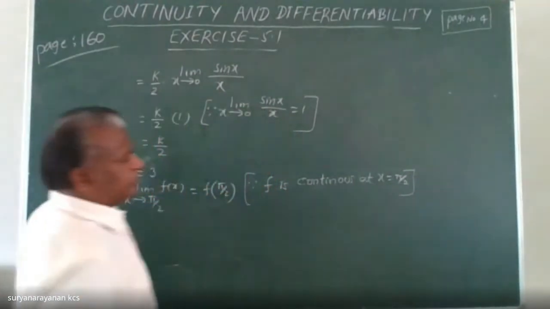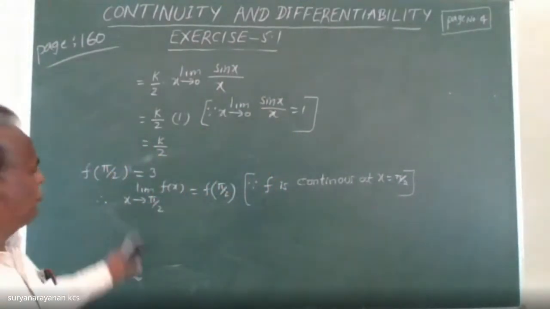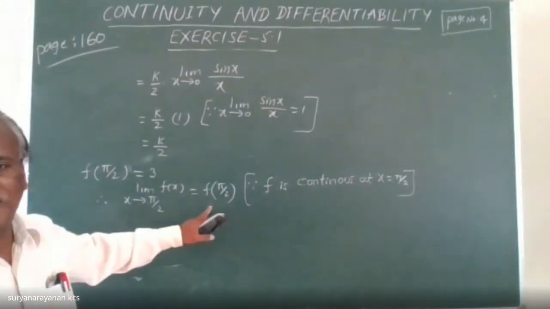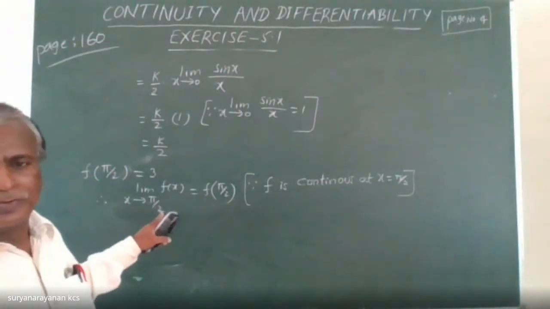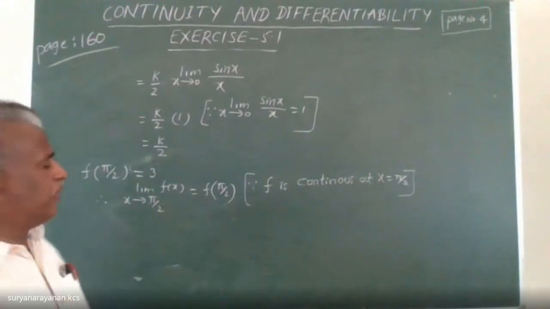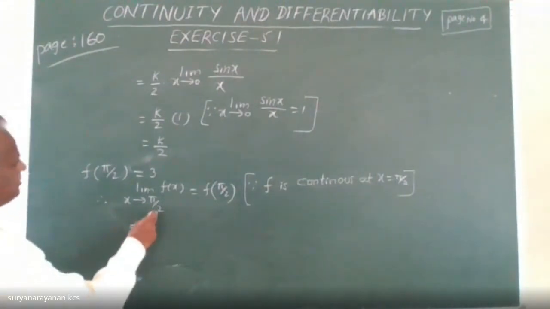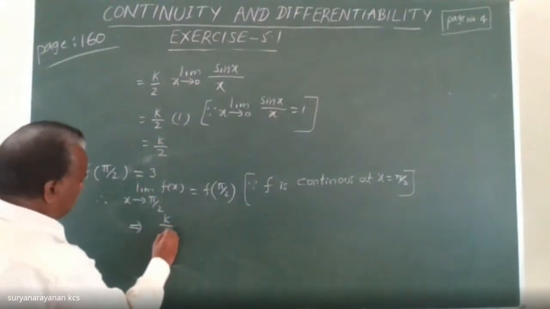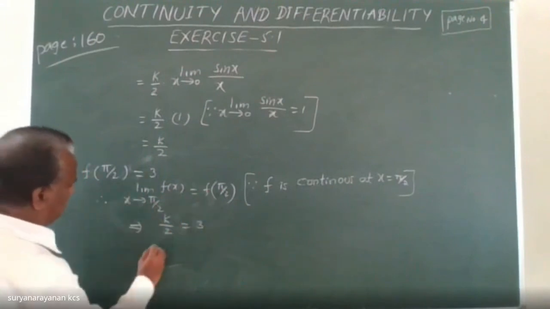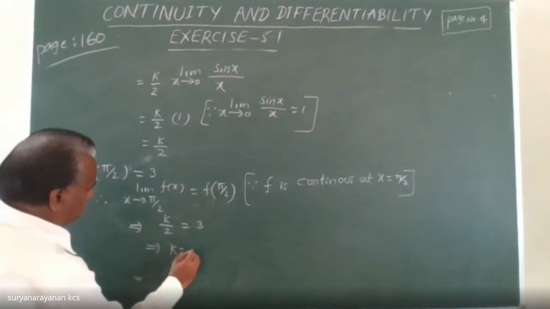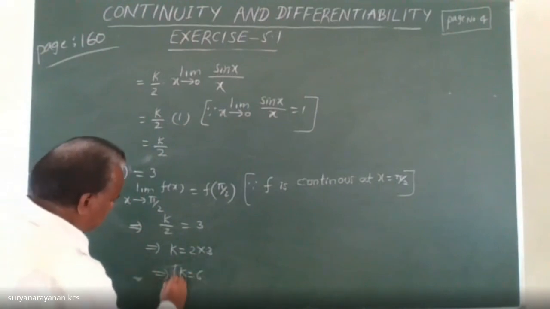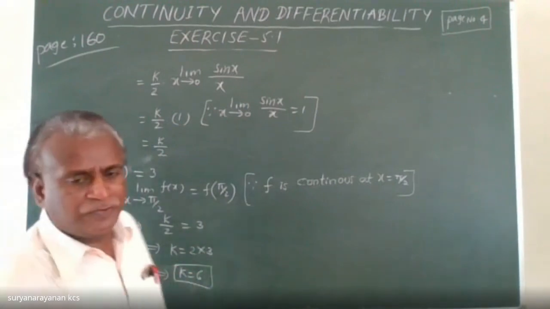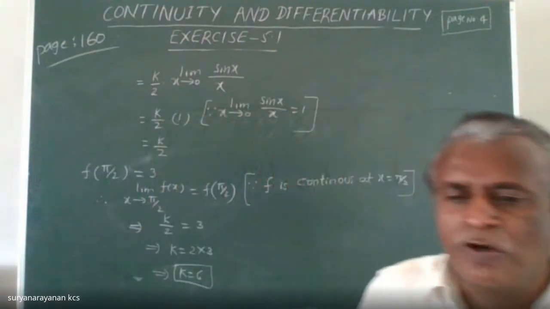As per the definition of a continuous function, as x tends to a, limit f of x is equal to f of a. So the limit of this function, k by 2, is equal to f of pi by 2, which is 3. By cross multiplication, k is 2 into 3, that is 6. This is the value of k.